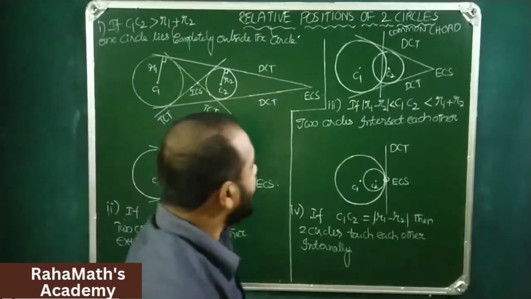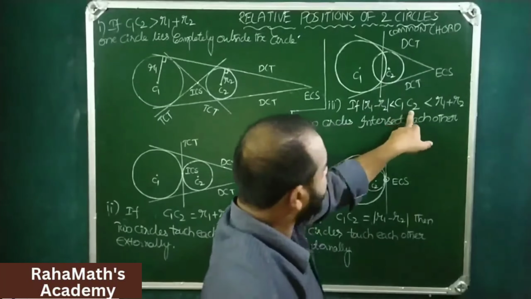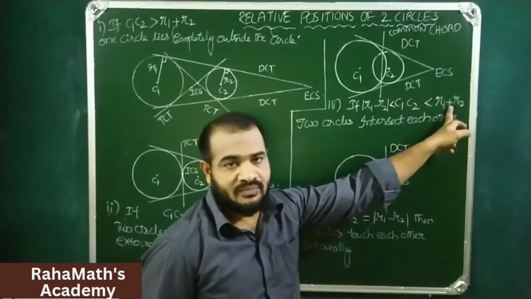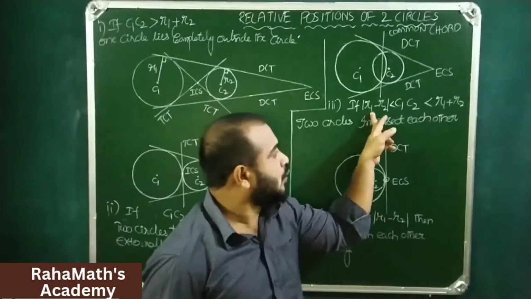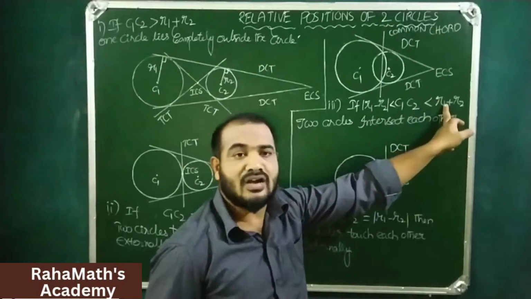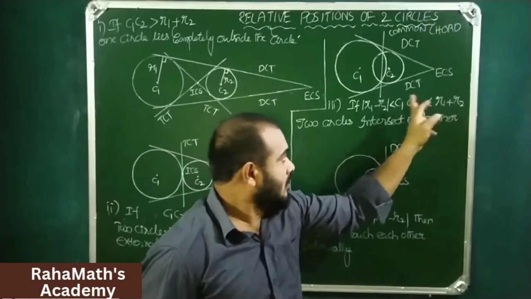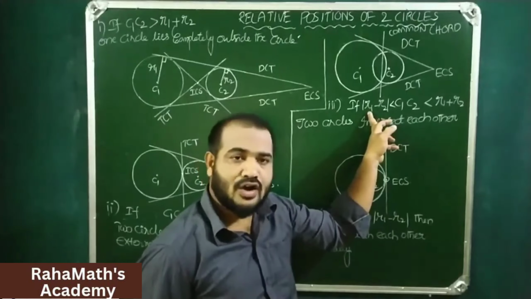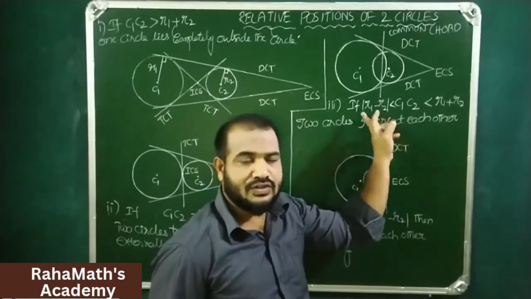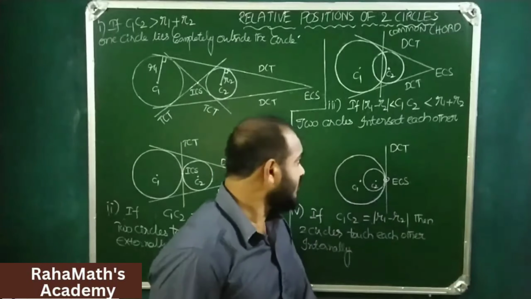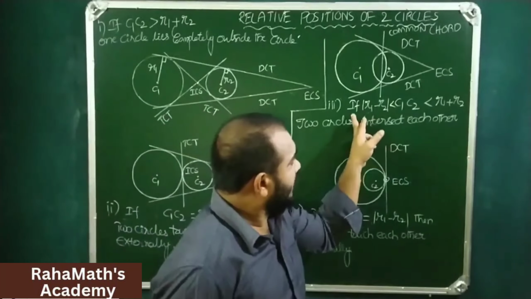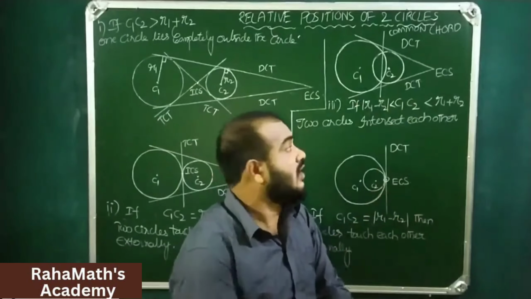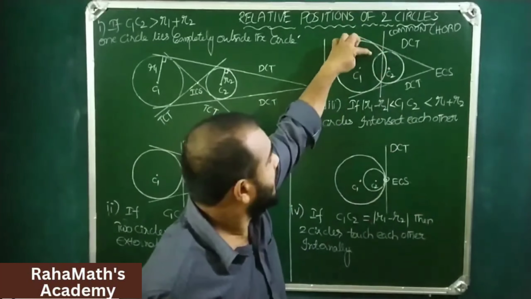And if C1C2 lies between the difference of the radii and the sum of the radii, that is R1 minus R2 less than C1C2 less than R1 plus R2. Here R1 minus R2 may be R2 minus R1 or R1 minus R2, whichever is greater will come first.